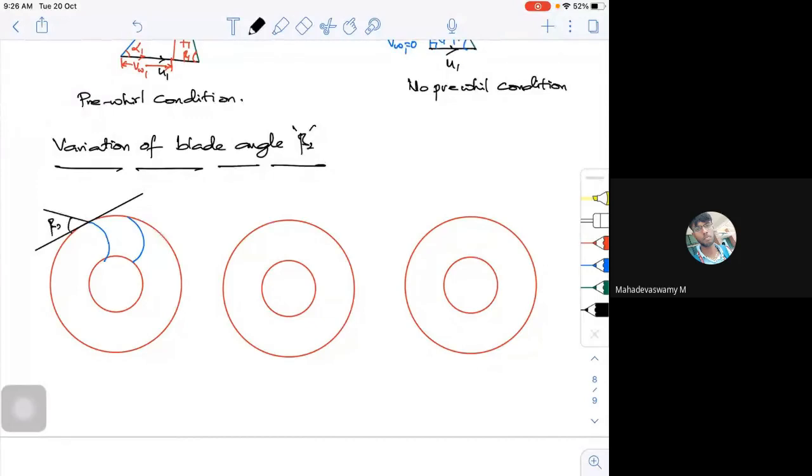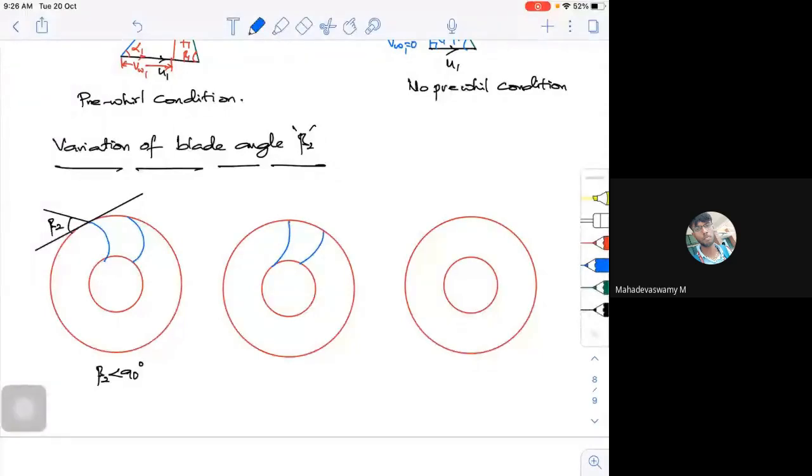So for this condition, beta 2 is less than 90. Then what will happen if beta 2 is equal to 90? The blades are twisted in such a way that it is exactly like this. Here the blades are twisted something like this. It is exactly like this.